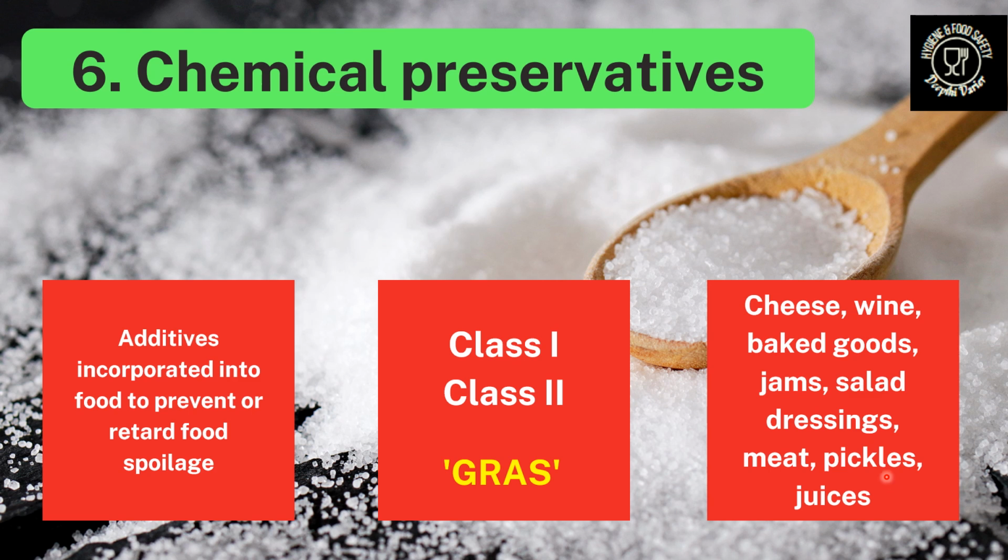Even sugar works in a very similar fashion. That's why sugaring is used for the production of jams. You add the fruit and a very high quantity of sugar, which ensures that the microorganisms don't get any water to grow. So there are different modes of action of chemical preservatives. It differs from one chemical preservative to the other, but generally preservatives can be divided into class 1 and class 2.